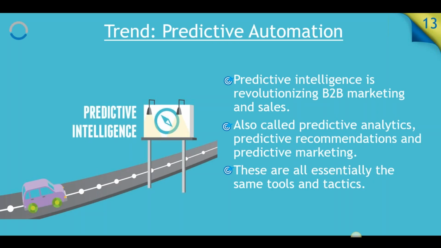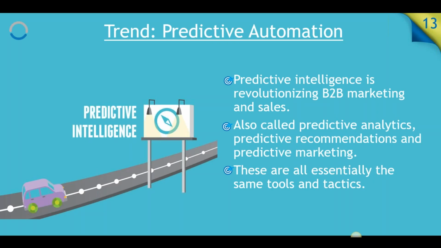So what is predictive? You probably hear this a lot. A lot of people are throwing it around, and I'm not sure if some of these definitions even make sense. It's mainly revolutionizing B2B marketing and sales, and to some extent B2C in the e-commerce space. It's called predictive because it's predicting the future outcome and accordingly suggesting or tailoring the path for the user based on this data collected.